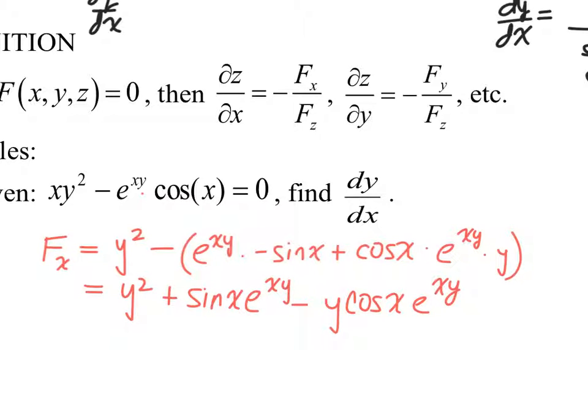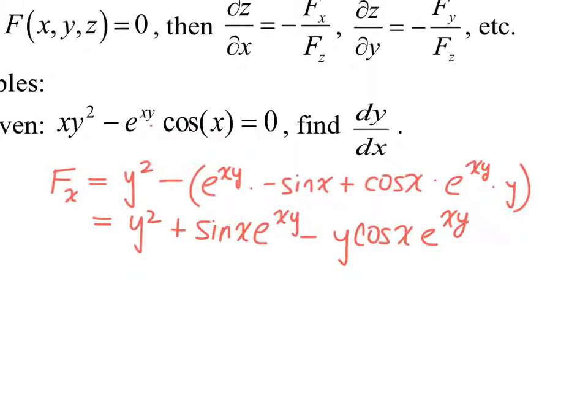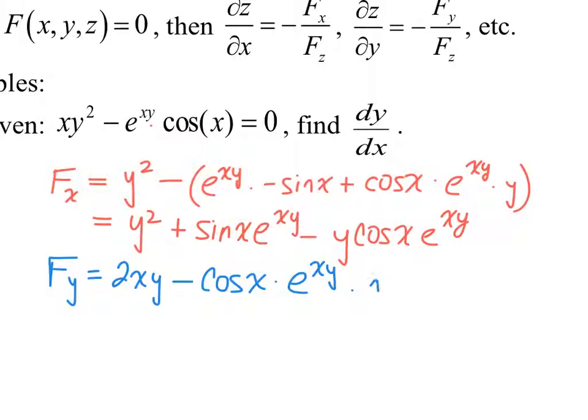We didn't even have to clean it up to begin with, because next step is on to the first order partial with respect to y, in which case we're getting 2xy minus, now this one only has one term that contains a y, so that's good news. So we treat the negative cosine x as a constant multiple, times e to the xy multiplied by x.